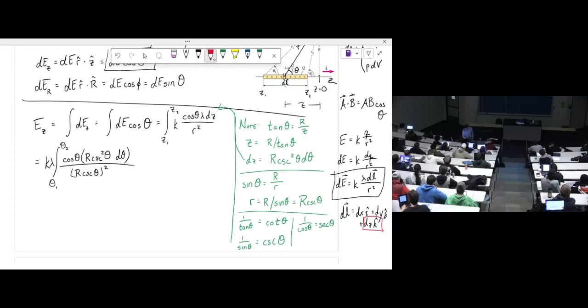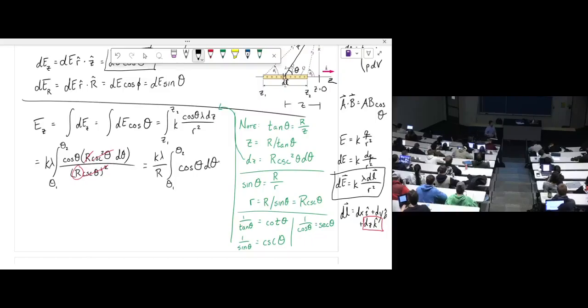Well, I have cosecant squared in the numerator and cosecant squared in the denominator. Big R is going to factor out in the numerator, and that leaves me with a single factor of big R in the denominator. And so my big, scary, complicated integral changed to be k lambda over big R times the integral from theta 1 to theta 2 of cosine theta d theta.